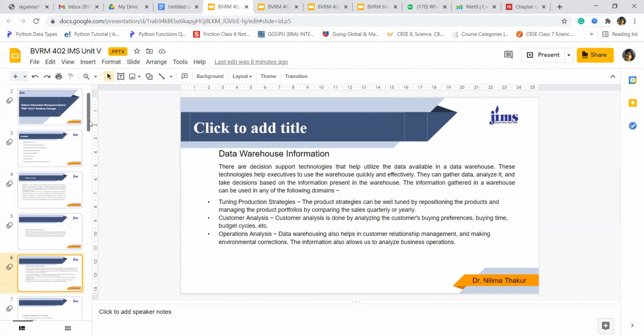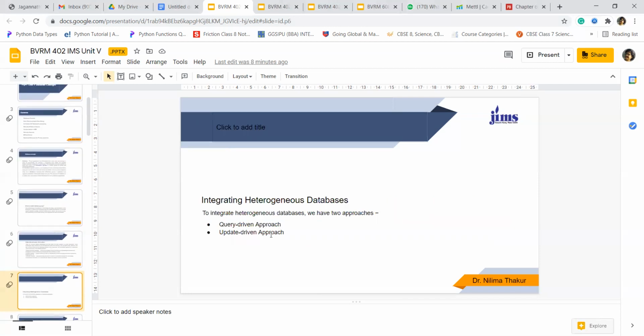Here, I suppose you are clear with the topic database concepts and the data warehouse information. We can say in crisp language that a data warehouse is a storehouse of raw information to be processed for informative purposes.